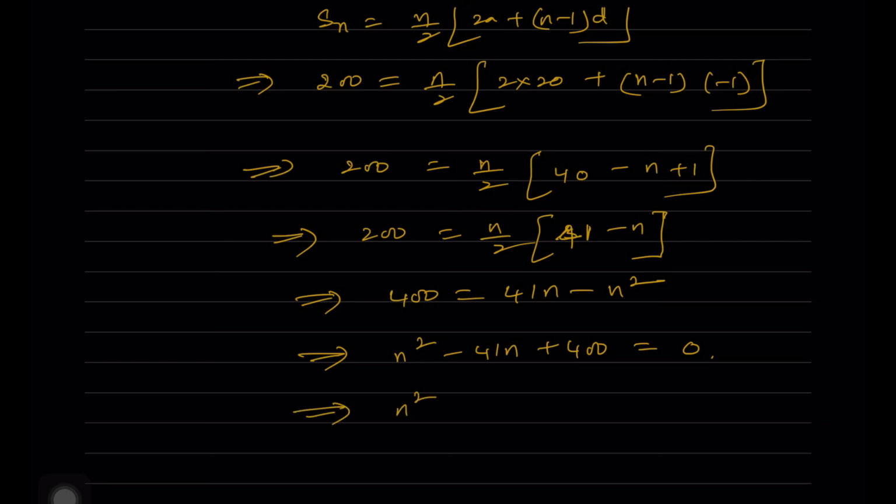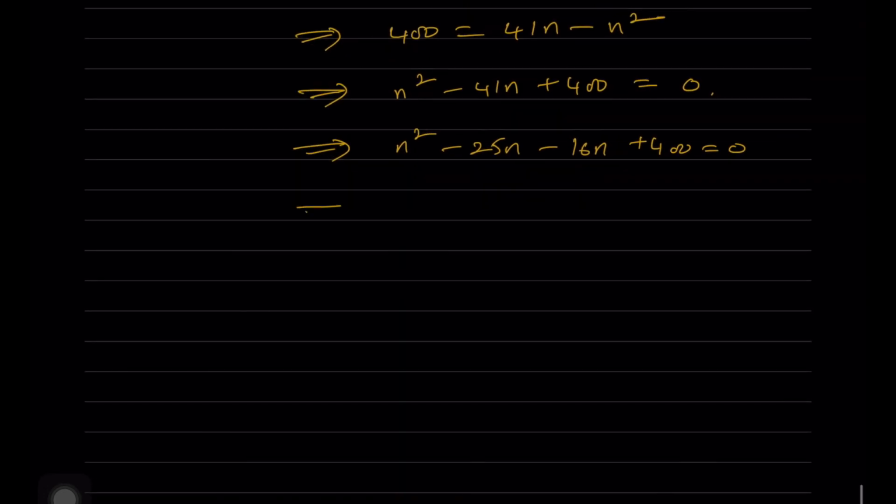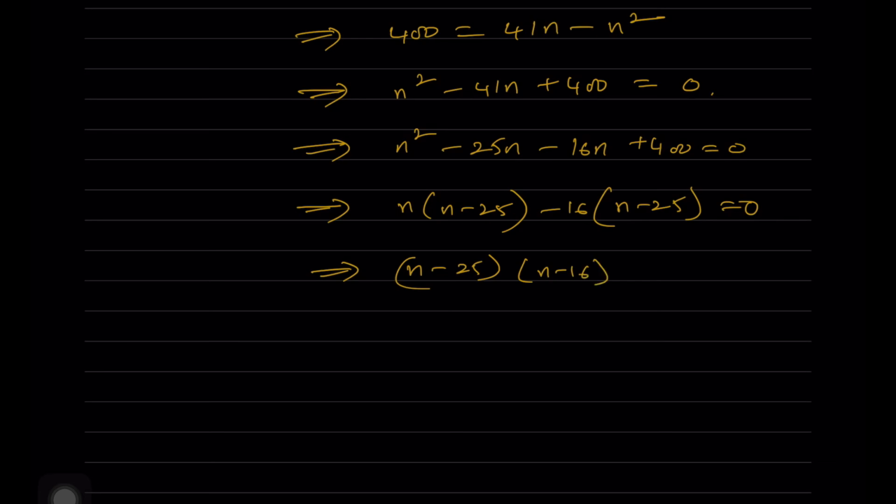So n square minus 25n minus 16n plus 400 is equal to 0, which implies n into n minus 25 minus 16 into n minus 25 is equal to 0, so n minus 25 into n minus 16 is equal to 0. So n minus 25 is equal to 0 or n minus 16 is equal to 0, which implies n is equal to 25 or n is equal to 16.